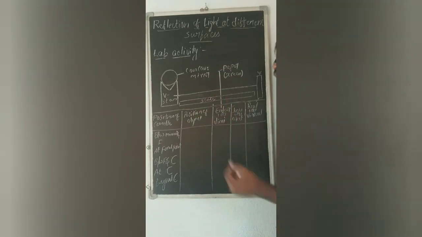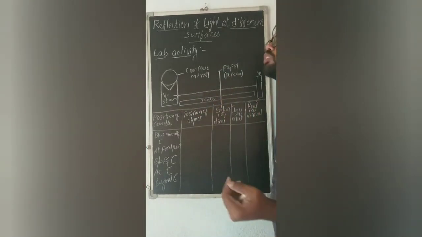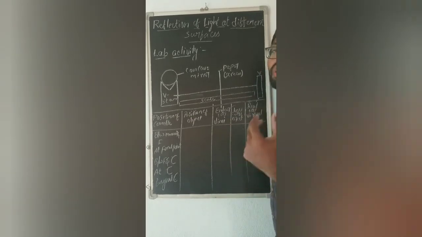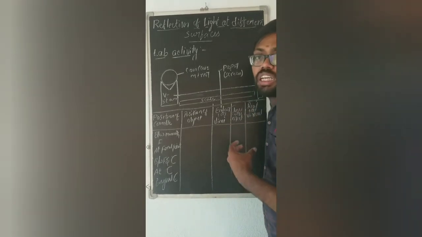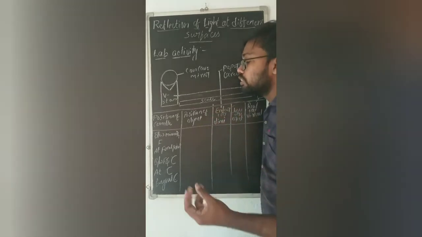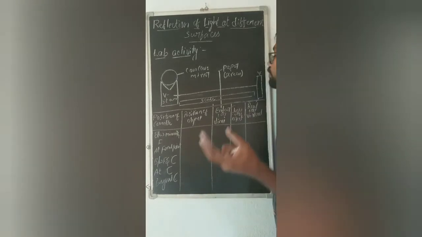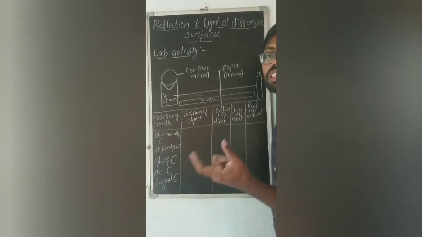Okay, one more time I am explaining the lab activity. What is the lab activity? We are finding the image of an object and distance of the object and the distances of the images also. Okay, we need to consider a concave mirror, V stand, candle, screen, which means paper.